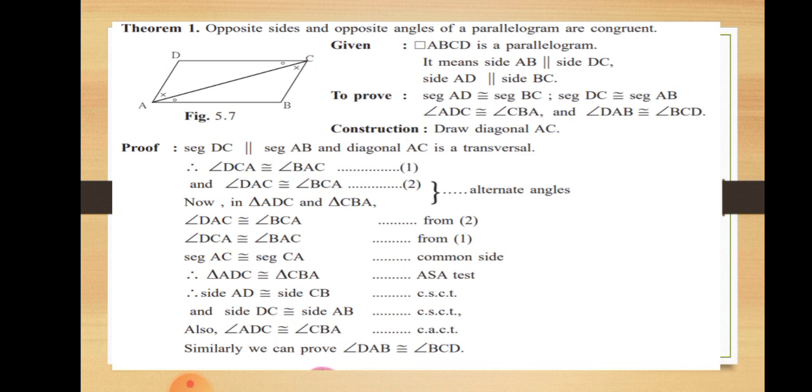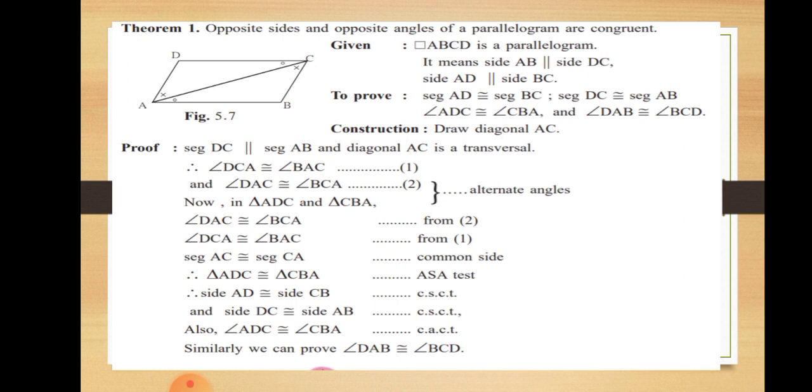And AC is the common side, and hence these two triangles are congruent by which test? That is the ASA test.